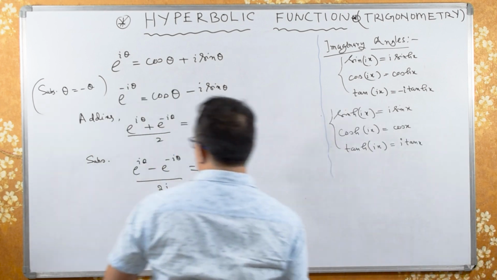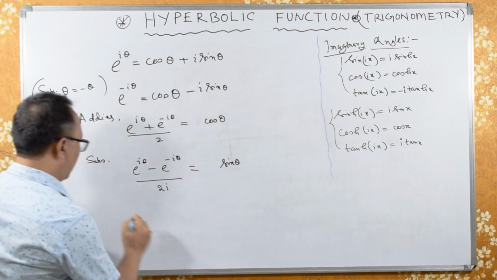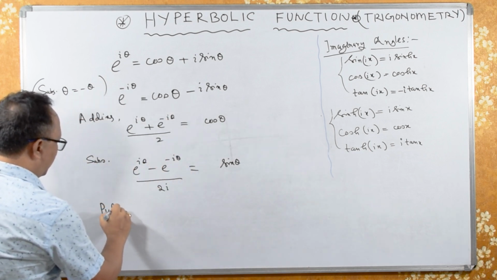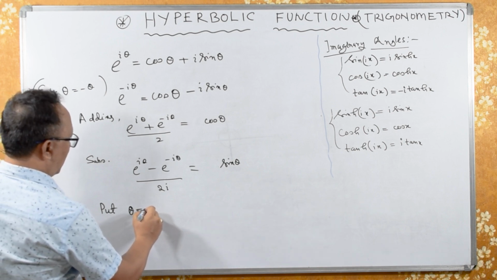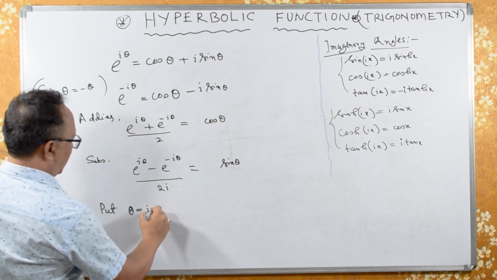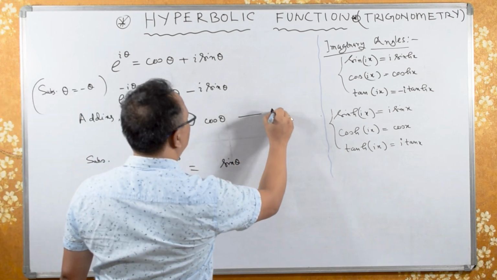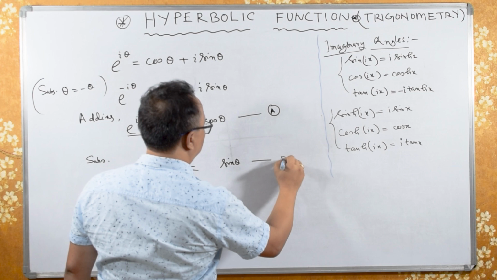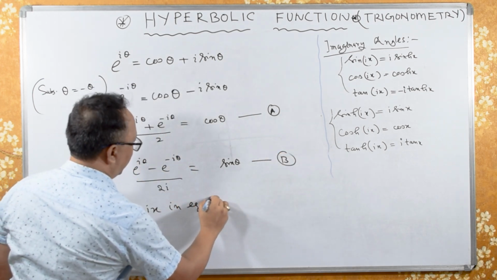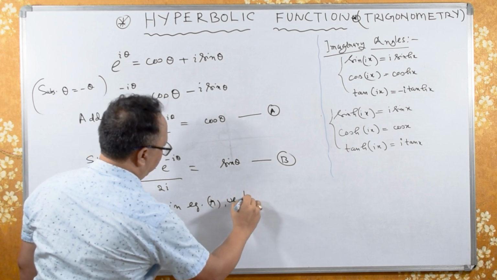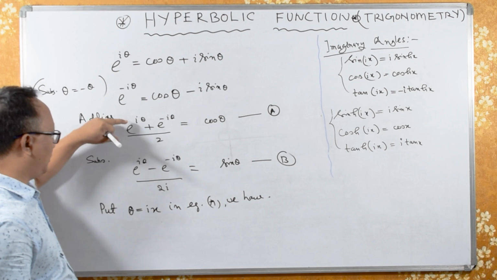Now I want to get into some other hyperbolic function. Now if I substitute theta equals ix, say this is equation A, this is equation B. In equation A, instead of theta, you have to put ix, you have to substitute ix.